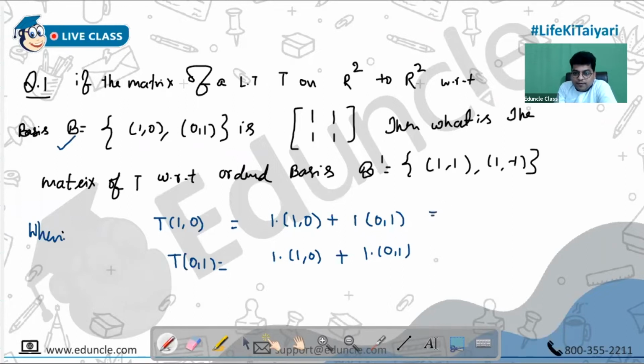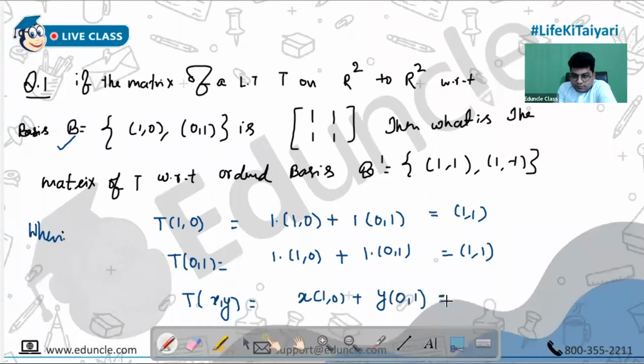So what is this? (1, 1), and that is (1, 1). So if somebody says T of (x, y), that can be written as x times (1, 0) plus y times (0, 1).